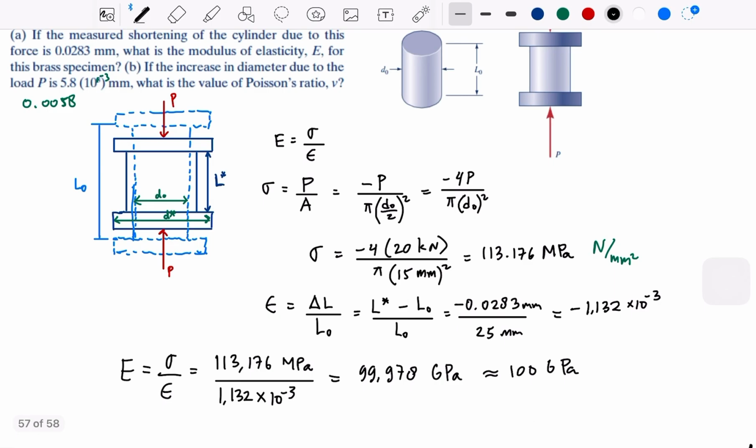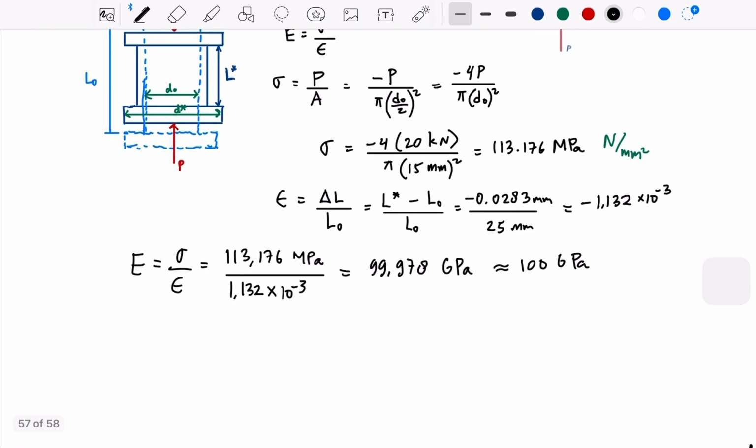Okay, now the second question, if the increase in diameter, which means that this D, okay, this final D. So the increase, which means the delta D, so we are going to have another strain.